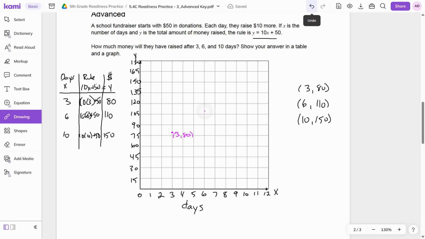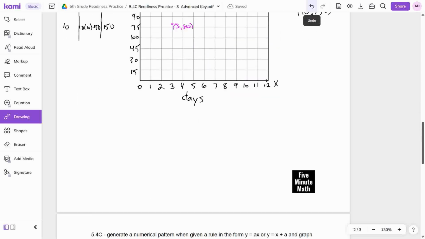Same thing, closer to the 105 than the 120. So 6, 110. Now my 10 and 150 lands on an intersection. That's just going to go right here. 10 and 150. All right, so that's those 3 points, table, and a graph.